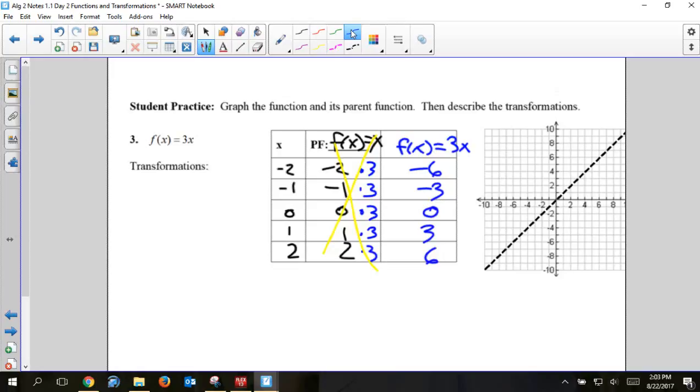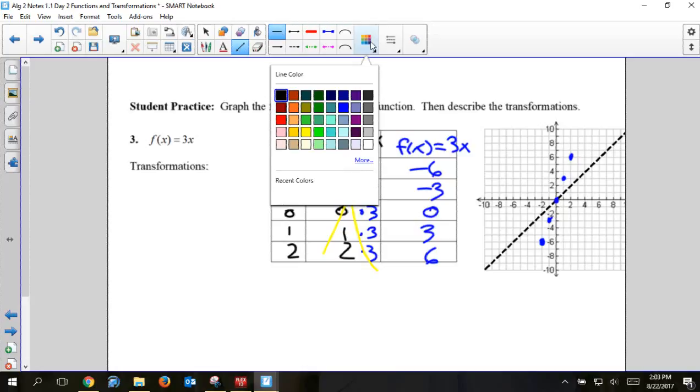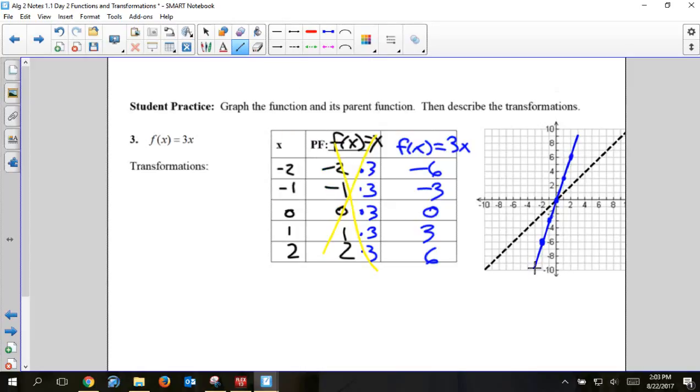And then we will graph the old x's with the new y's. And then you have to answer the question about what kind of transformation this was.